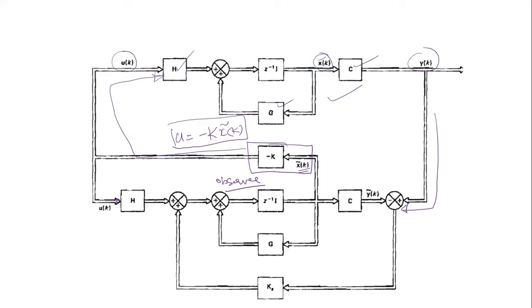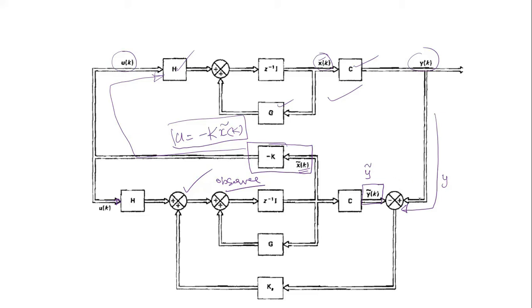So how do we ensure that x tilde and x of k are actually the same? This is an approximate duplication of the actual system. In order to make x of k and x tilde of k the same, we compare the output from the duplicate system, which we call y tilde, with the actual output y of k.